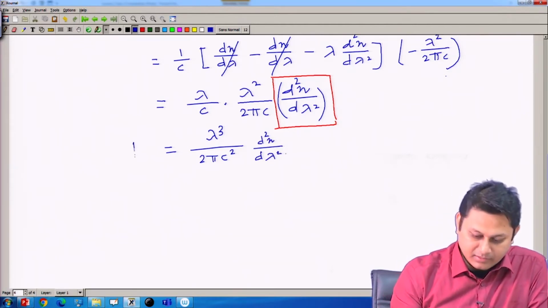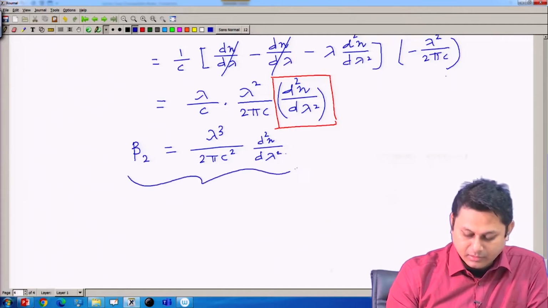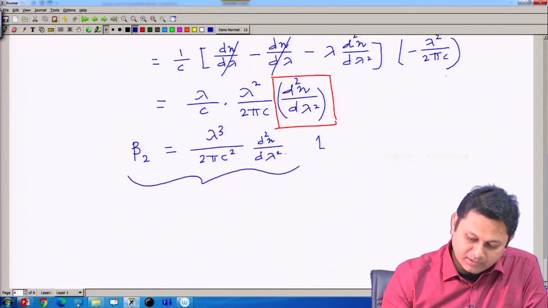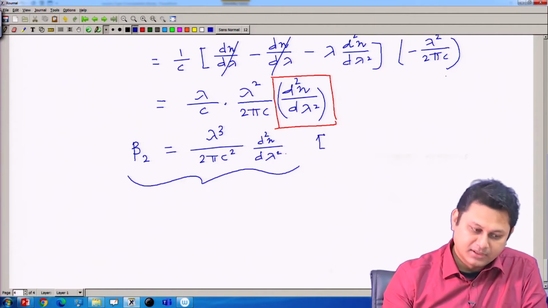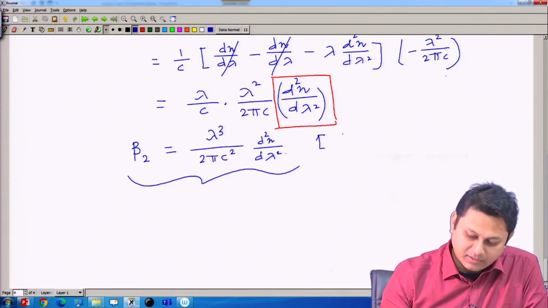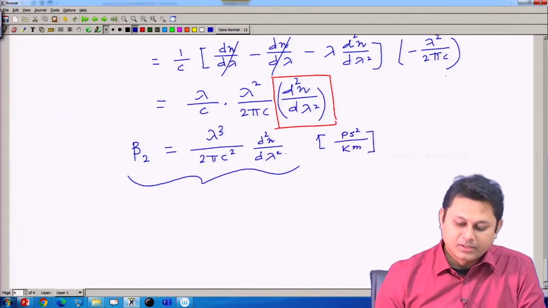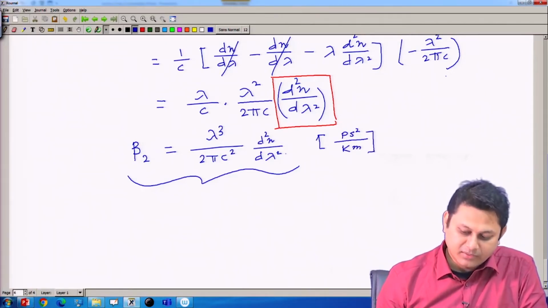This is my beta 2, another dispersion coefficient, and the unit is slightly different. The unit becomes picosecond square per kilometer.